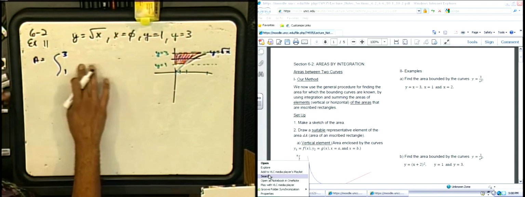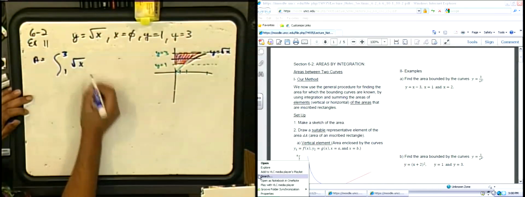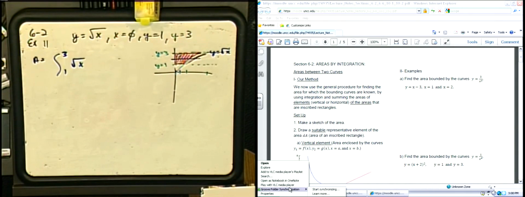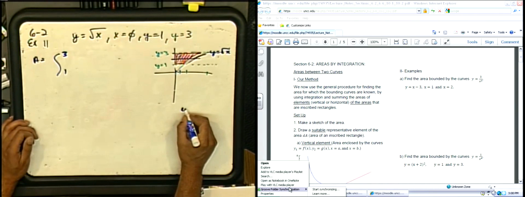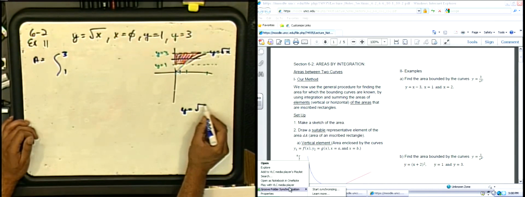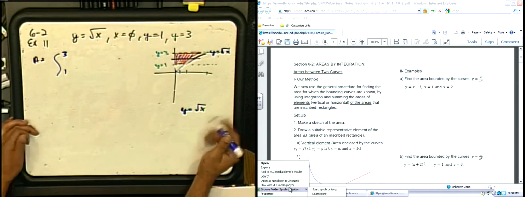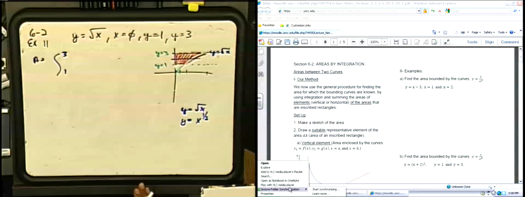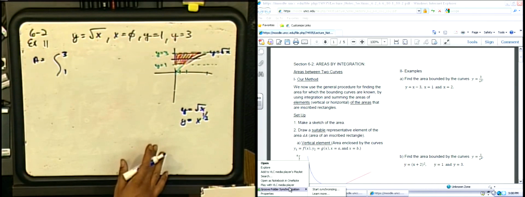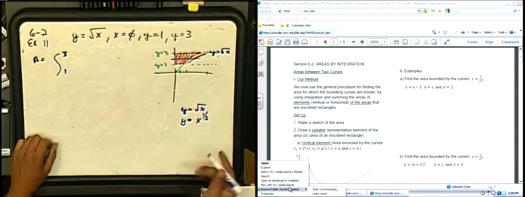Okay. Only have one function. Square root of x. The function is y equals square root of x. That's our function. We need to take it with respect to the y-axis.